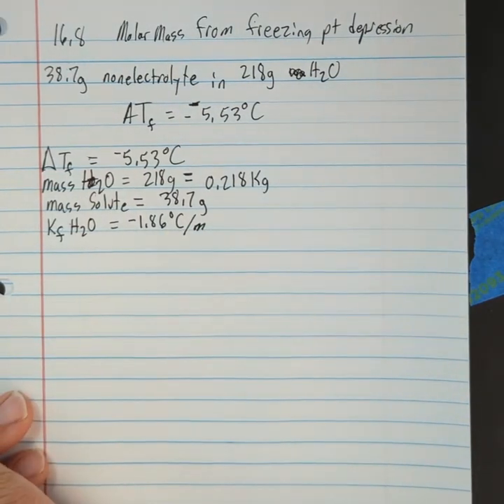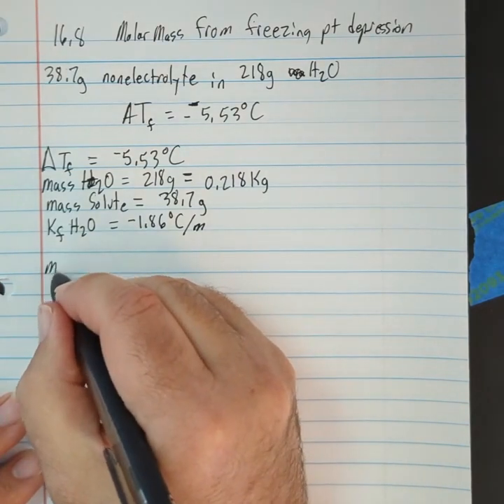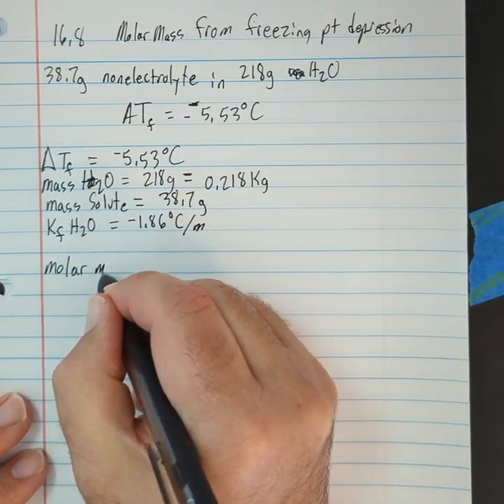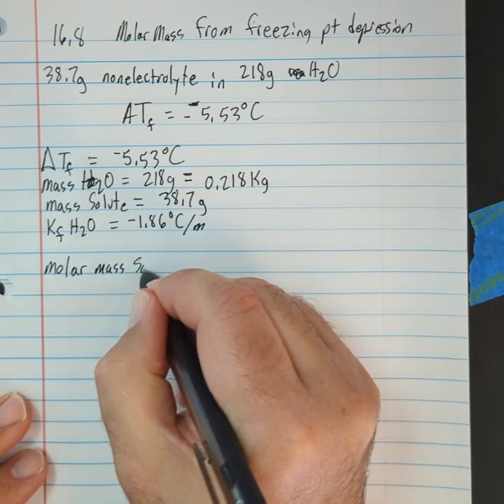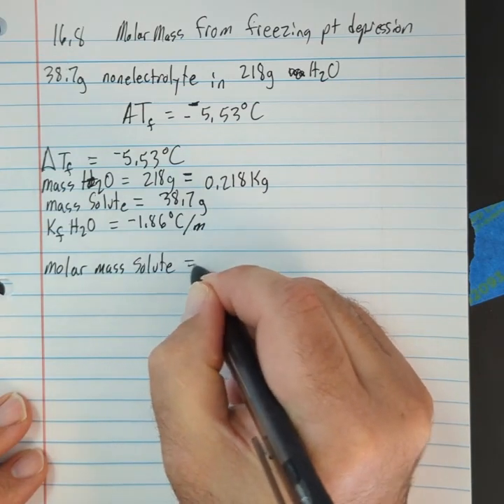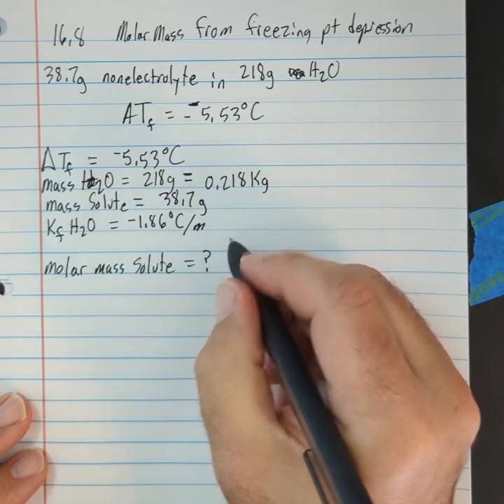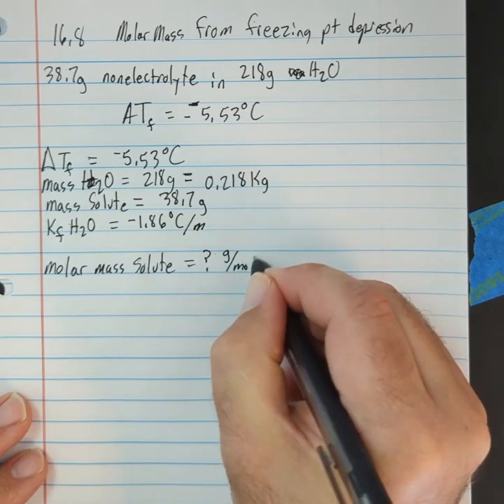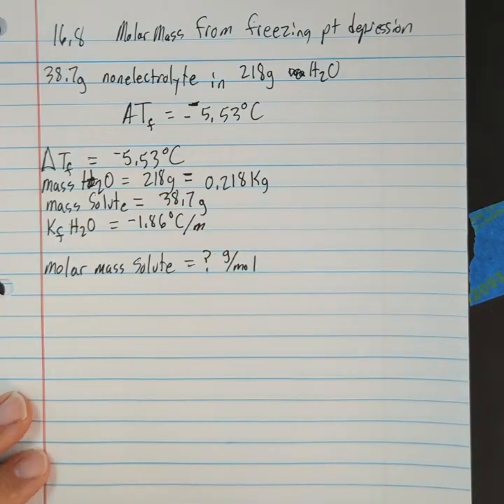All right? What we need to find is the molar mass of the solute. Okay? And that will be in grams per mole. All right, so that's what we got to find. So we know we're going to use the freezing point depression to calculate the molality of the solution.